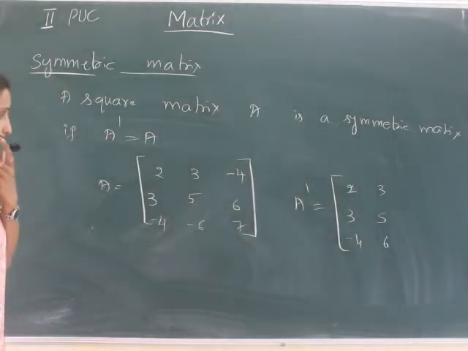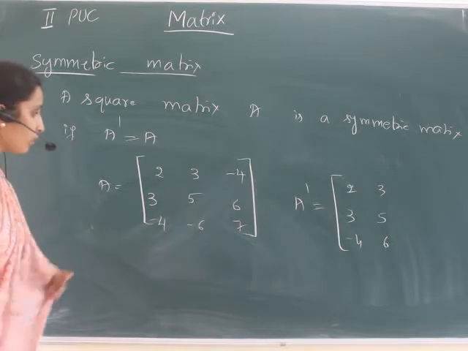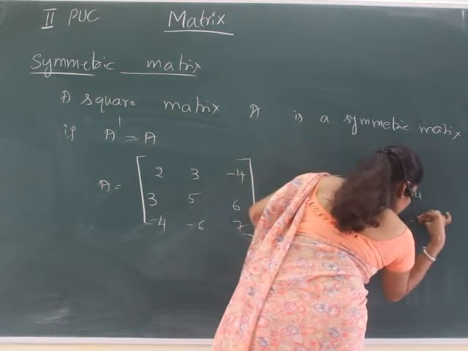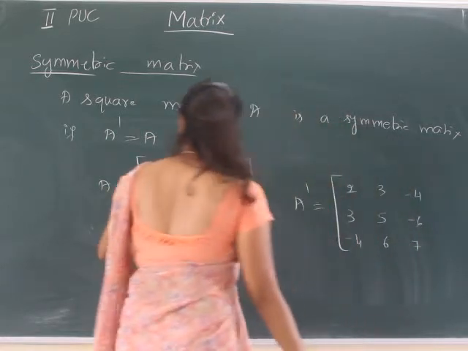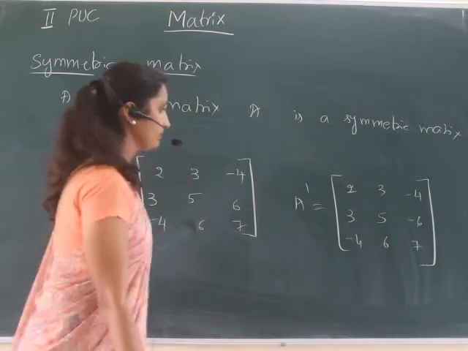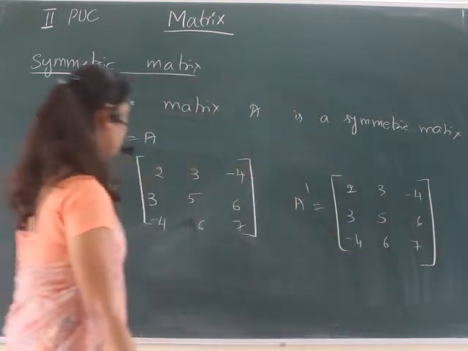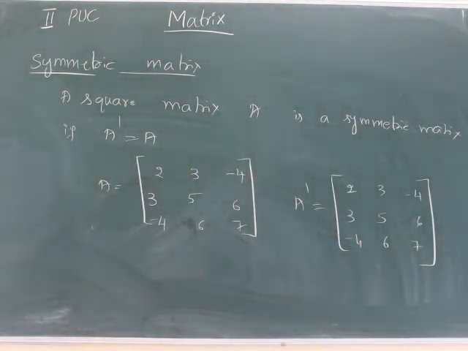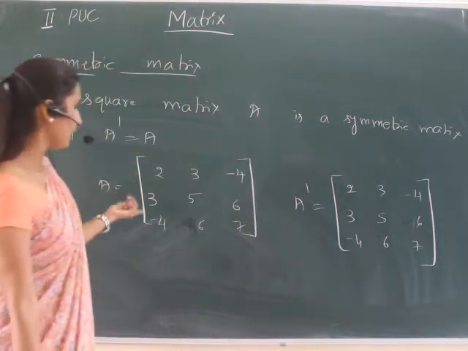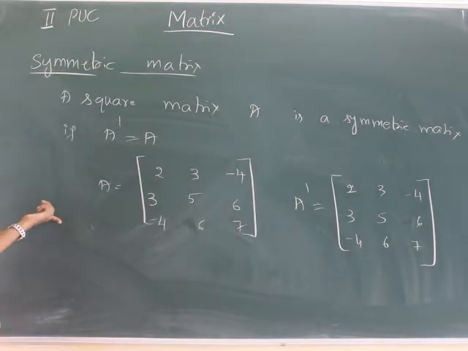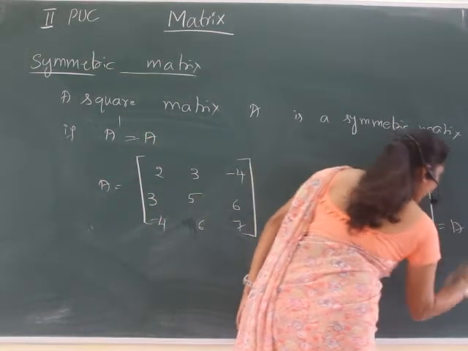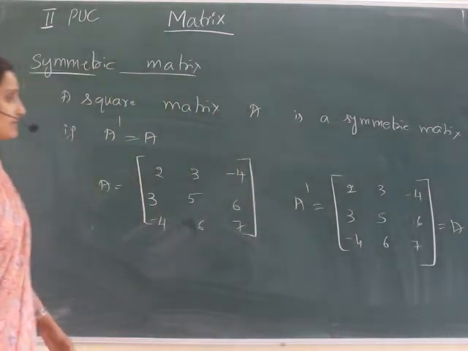The third row becomes the third column: minus 4, 6, 7. When you see these two matrices, A transpose is again equal to A.